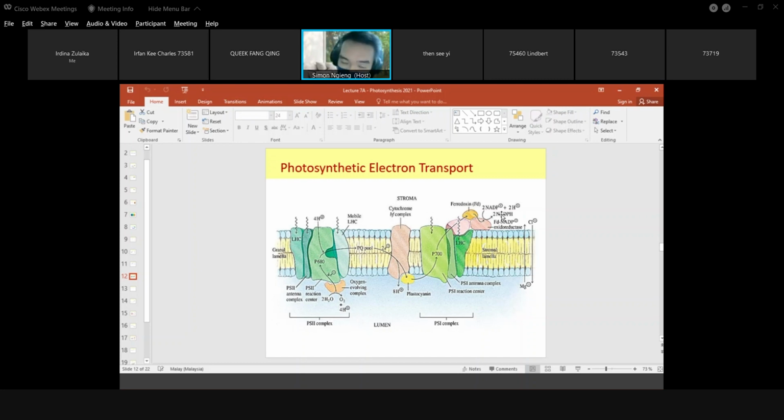This is why this process is also called photolysis. Your water molecule is being chopped up with the help of light, so the electron is donated here and passed along the chain.